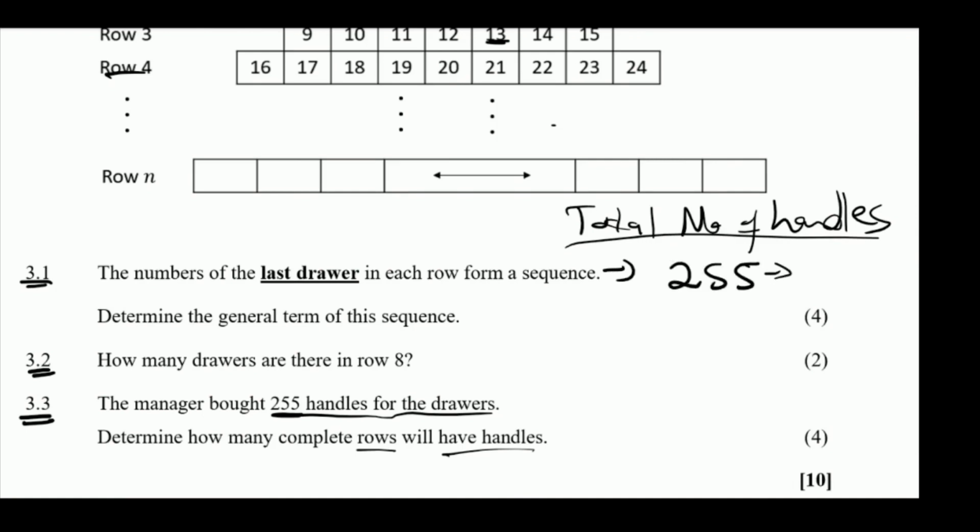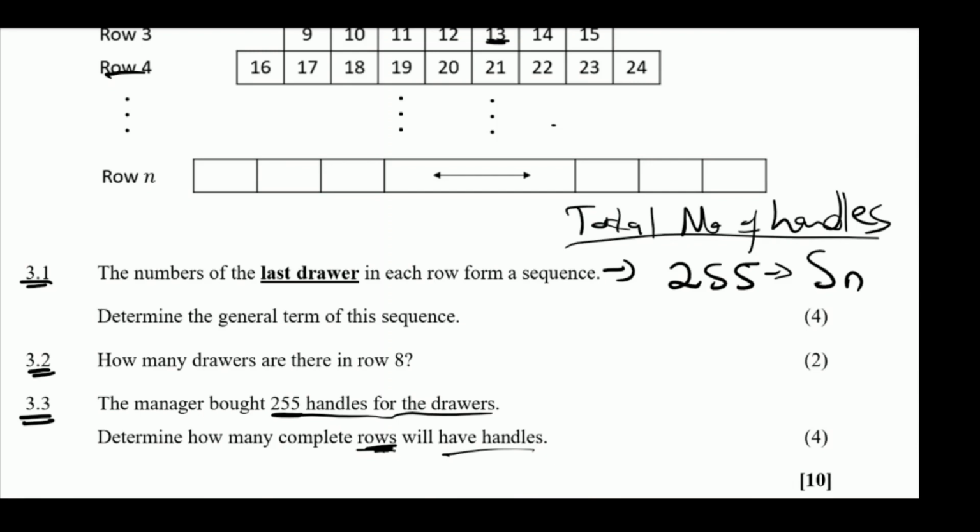This basically means the sum of handles that we have, and because we want to identify the number of rows that will have these handles, we need to use the sum.